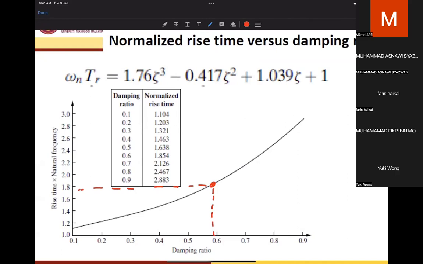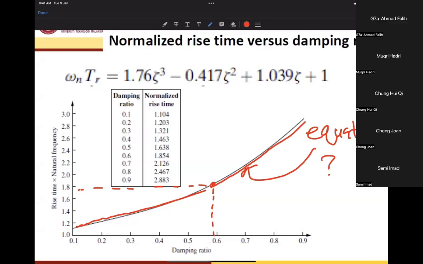Yuki Wong. Yes, Doctor. What is the equation for this line? Not sure, Doctor. Chong Joan, never mind, it's okay.